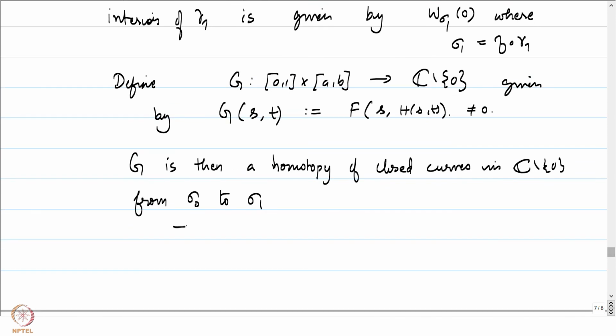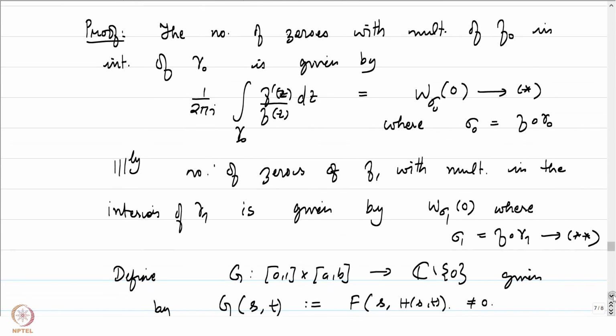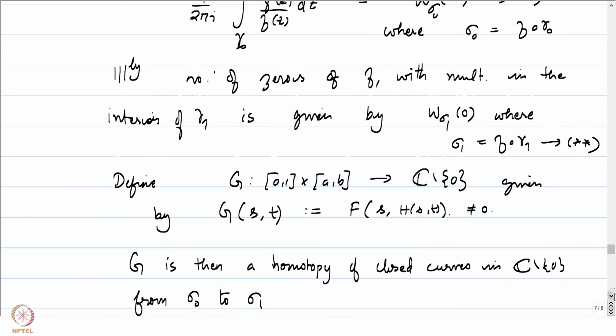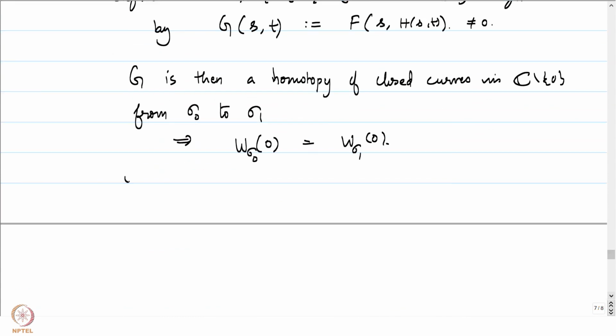Because of that we have W(sigma_0, 0) equal to W(sigma_1, 0), and that tells us from the two star equations that the number of zeros counting multiplicity is the same for f_0 and f_1 in the interior of gamma_0 and gamma_1 respectively. Hence, we get the result.